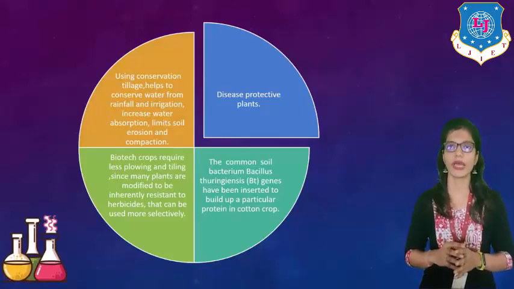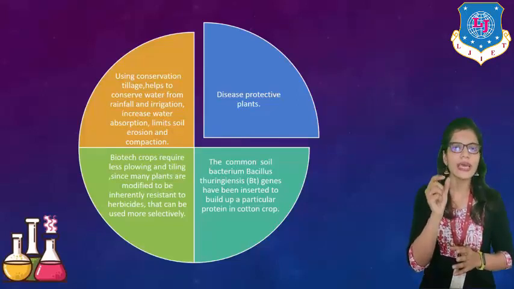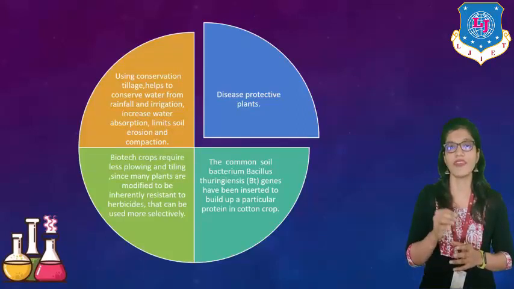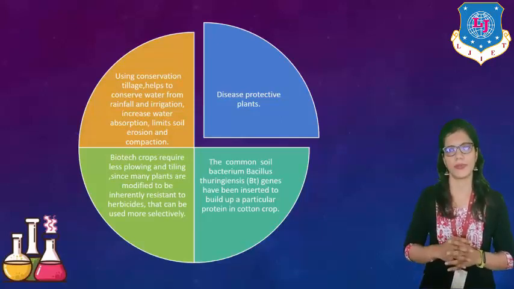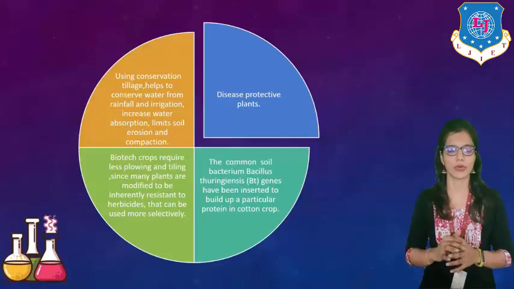But if we have disease protecting genes in the seed stage only, then we can produce a plant in which that particular disease can't be generated. Let's understand how it is possible. The common soil bacterium Bacillus thuringiensis, known as Bt, has had its genes inserted to build up a particular protein in the cotton crop. This is the example.